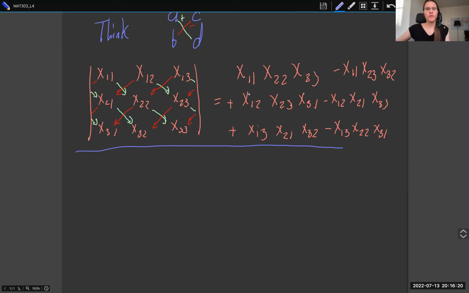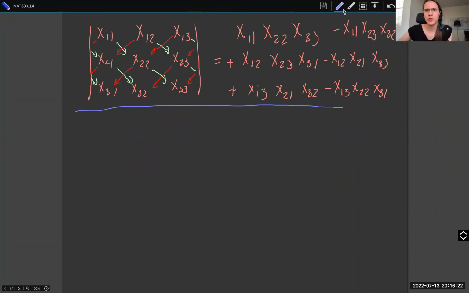Right, so we reviewed determinants, and now I'm going to introduce a very special determinant called the Wronskian.